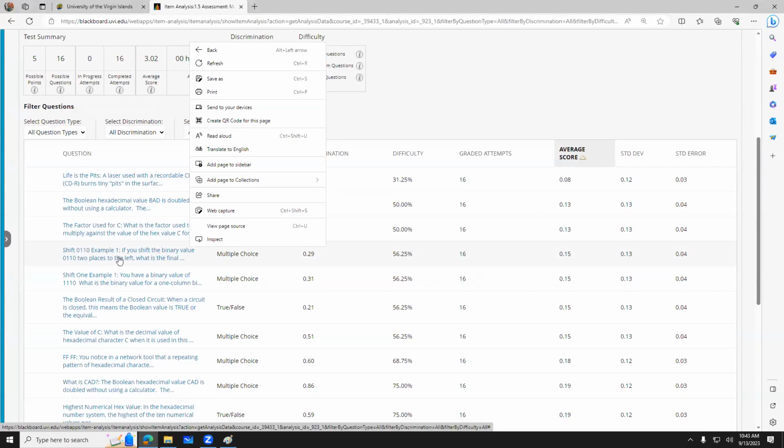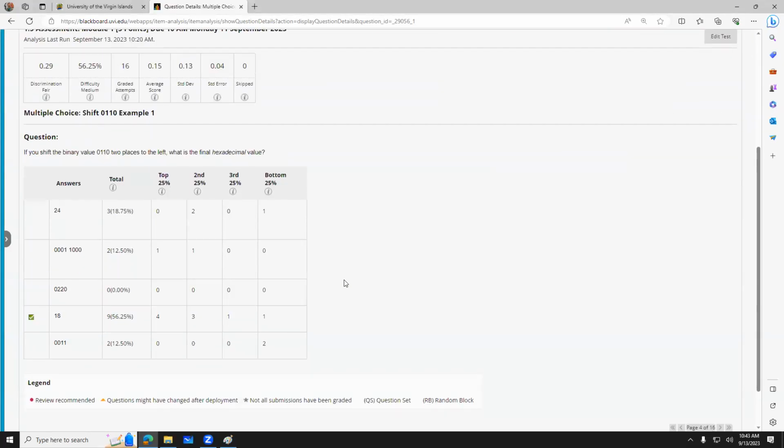All right. So in this item, we have a multiple choice question that reads, if you shift the binary value 2 places to the left, what is the final hexadecimal value? Well, if I take this 1, 1 and I slide it once and then again, what do I have?